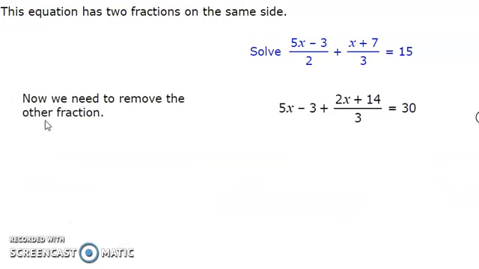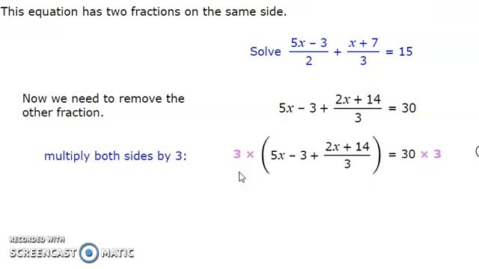Now we need to remove the other fraction. The other fraction, you can see here, has 3 in the denominator, so we will multiply both sides by 3. The left hand side is multiplied by 3 and the right hand side is also multiplied by 3.